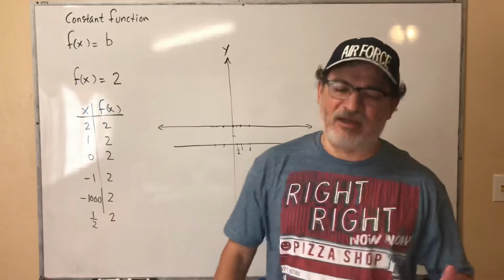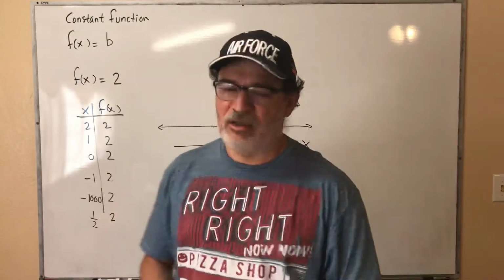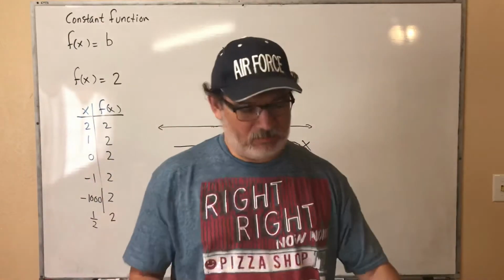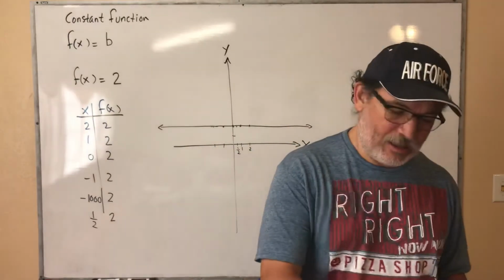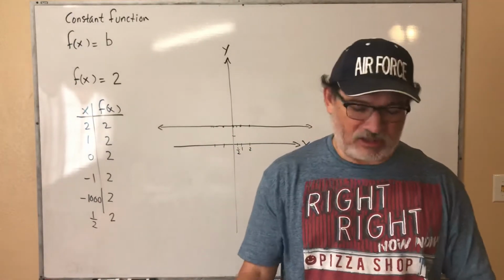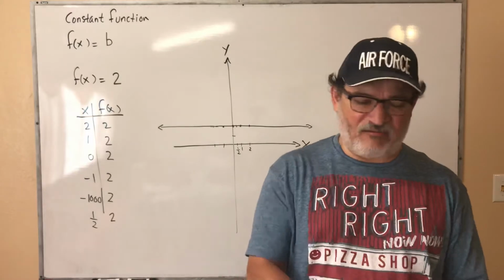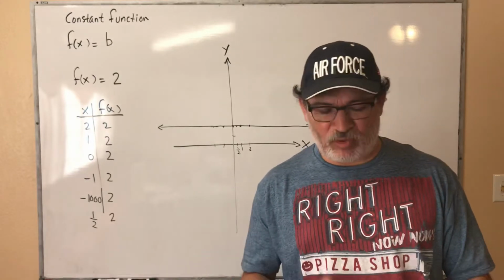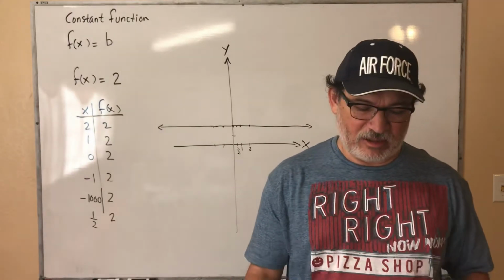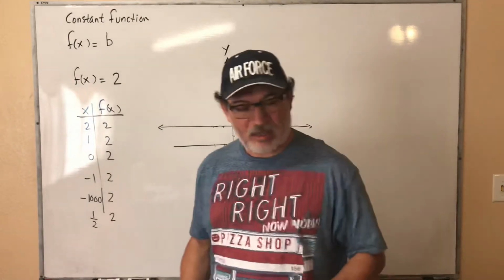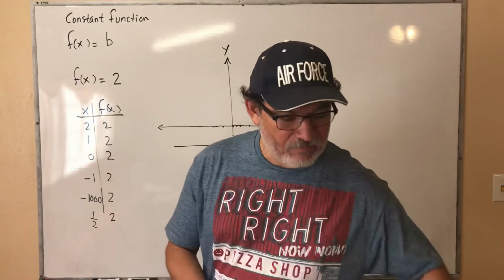From constant functions, we can jump into linear functions. Yep. Linear functions. From constant functions, now we're going to go into linear functions. Okay? And what is a linear function?